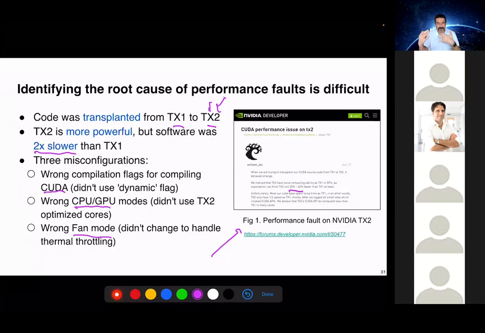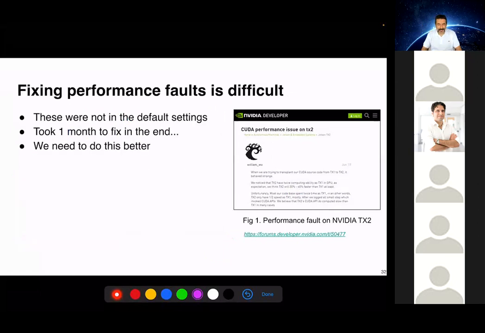And because these interactions were unknown even to the developer of the system, it took a really long time. It took over a month for them to find out the root causes for the performance of the system.